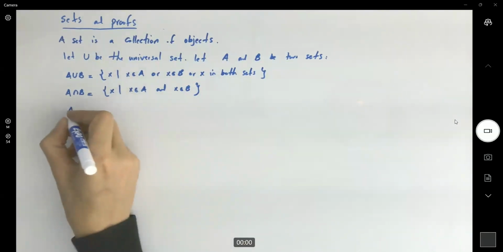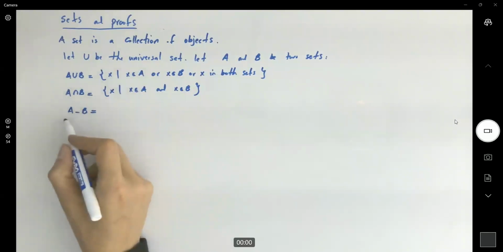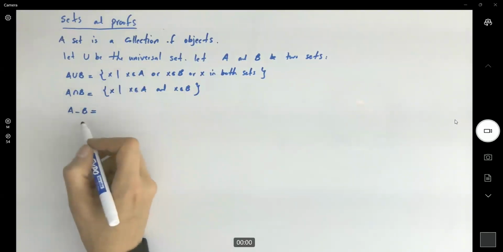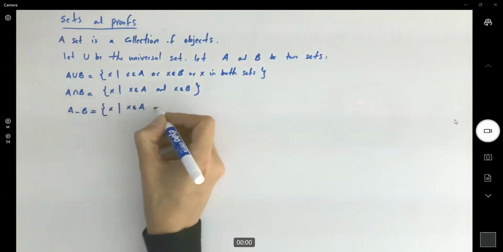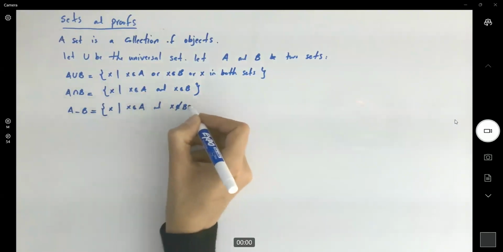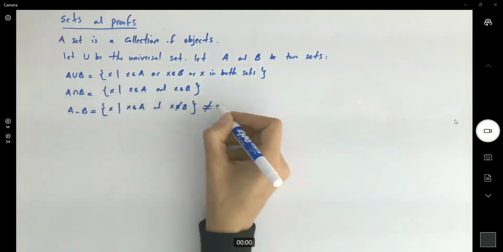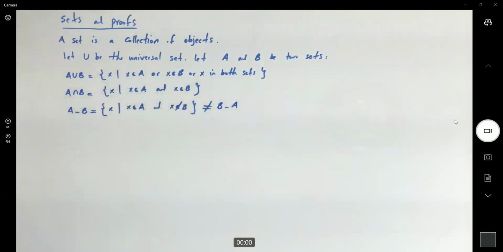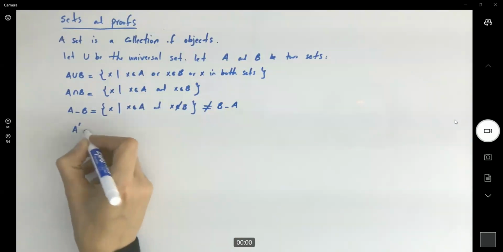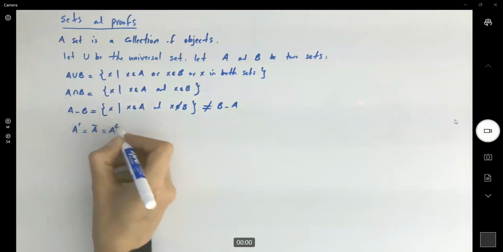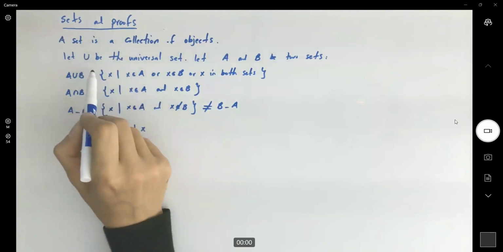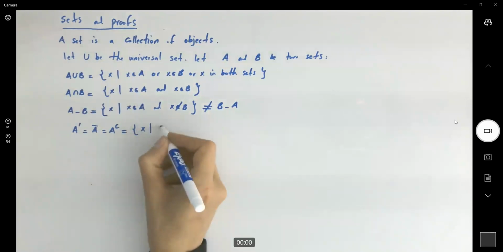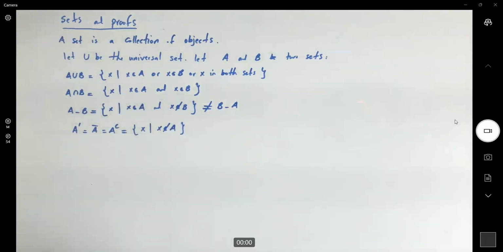We talked about the difference between two sets, and remember that the difference is not commutative. So A minus B is all X values such that X is in A and X is not a member of B. And remember that this in general is different from B minus A. We also talked about a complement of a set, A prime, A bar, or A^C, which is defined as all elements that belong to the universal set and are not in set A. Very good.